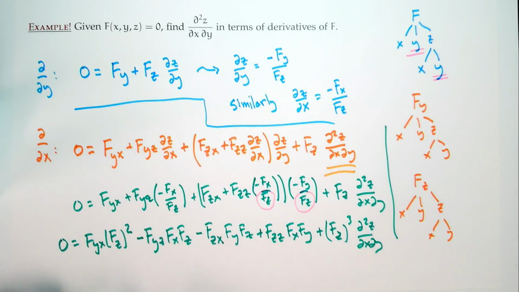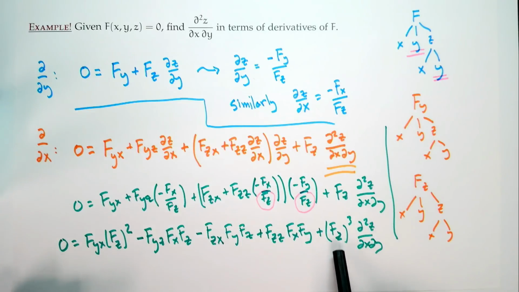What's left? Well, we're going to move all of that to the other side. And then divide by that f z cubed.